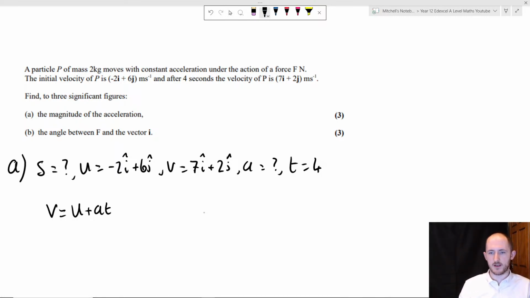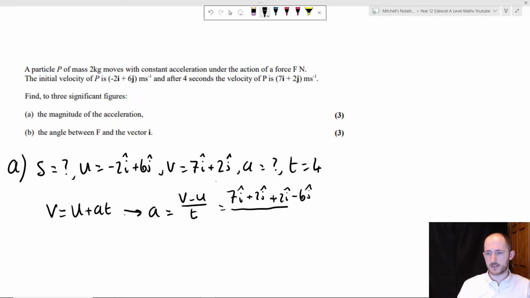So our value for acceleration is going to be v minus u divided by t. So let's put that on. So we have 7i plus 2j. And then remember, because we're doing negative u, we need to flip the signs of all of this. So minus 2i is going to become plus 2i, and then minus 6j.